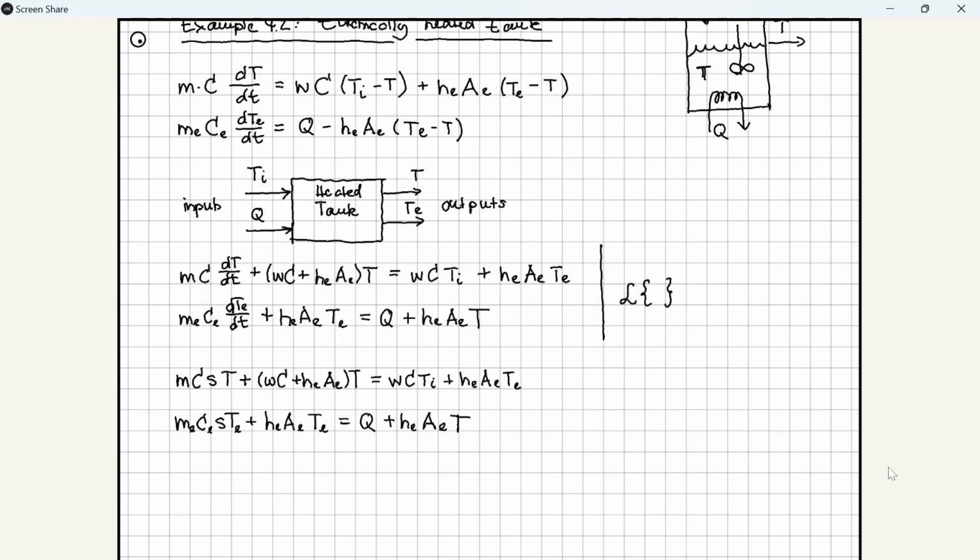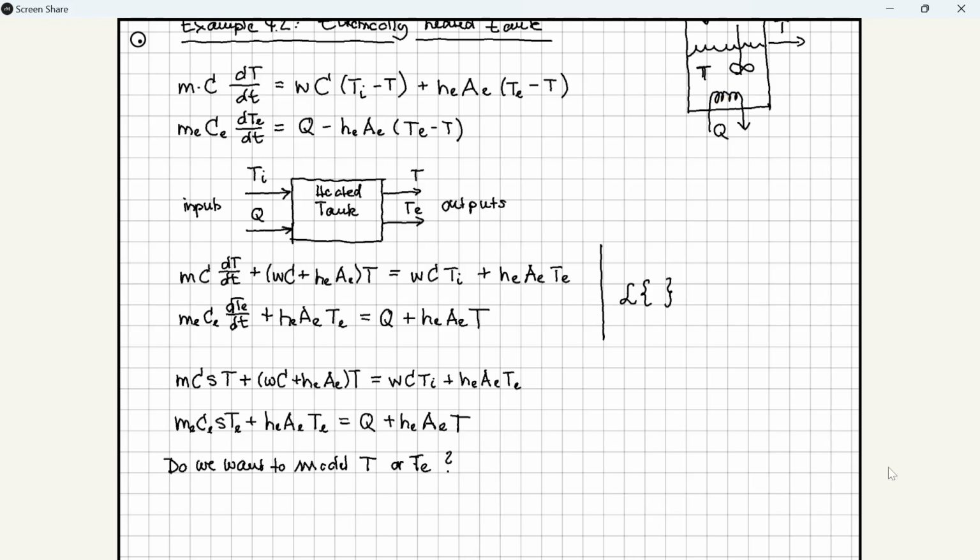Here we go. All right, so now we have to decide, do we want to model, that means do we want to predict and figure out what's happening to the temperature T in the tank, or TE as the temperature at the element over here.